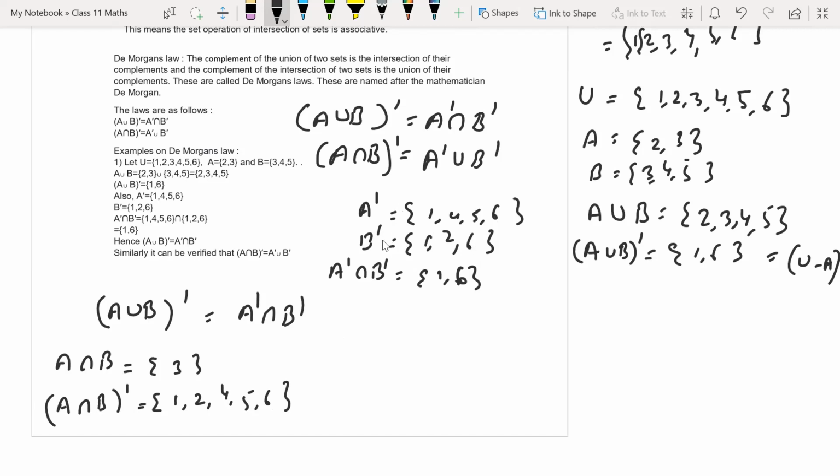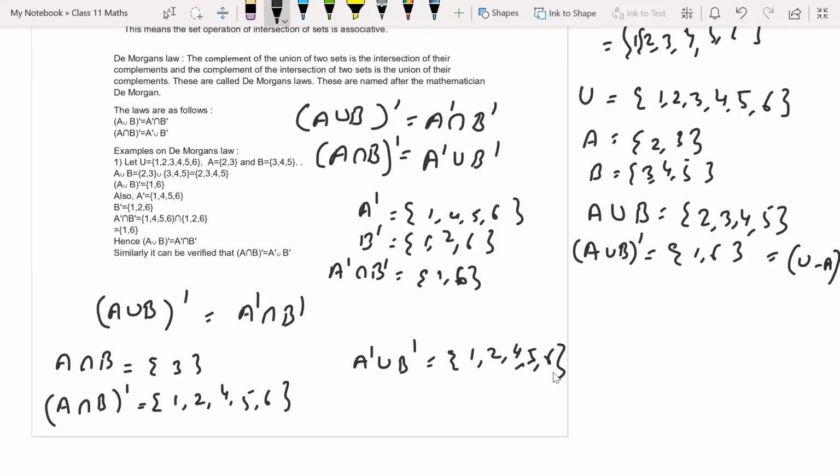Then A complement union B complement is 1, 2, 4, 5, and 6.